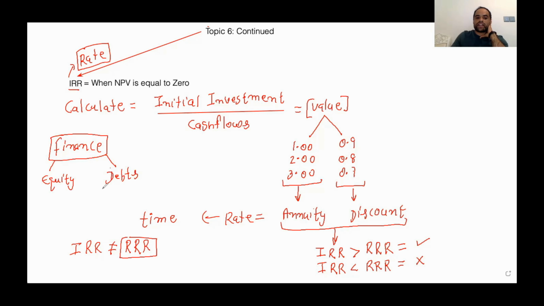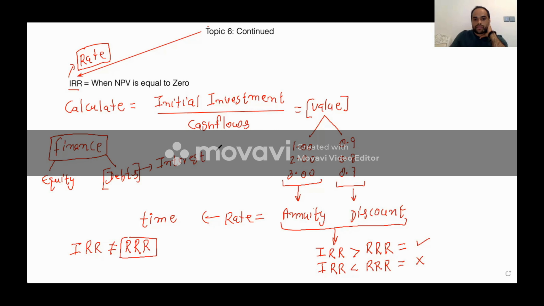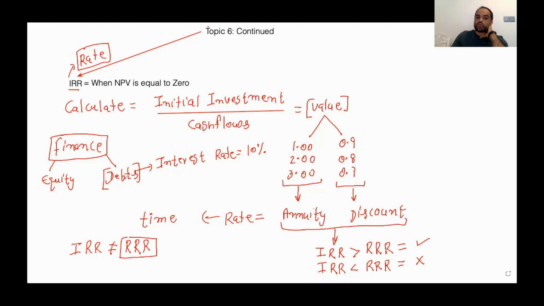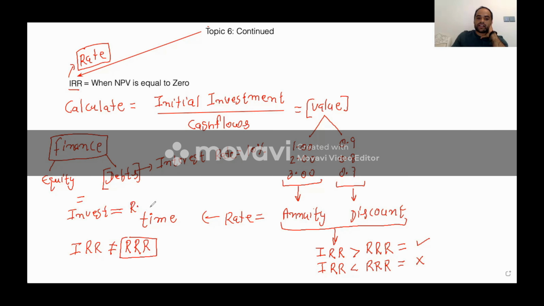Let's take the example of debts. When you have debts, on debts, you have to pay interest rate. So let's say you borrow money from the bank at the rate of 10%, right? Now, what are you going to do with these debts, this finance? Obviously, you will invest. You invest to have a return.